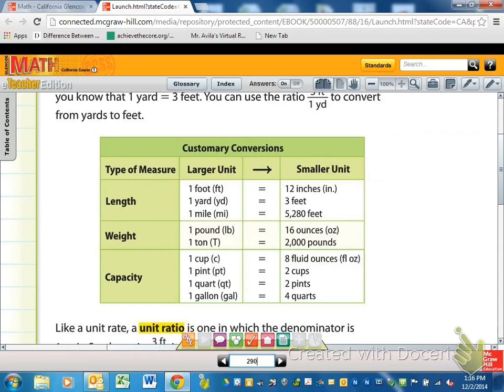From feet to yards. So I'm looking right over here. And nothing equals feet. I don't have feet to yards here. So I'm going from small to big. I'm going from feet to yards, which means I'm going to write my fraction as 1/3 because I'm going from small to big.